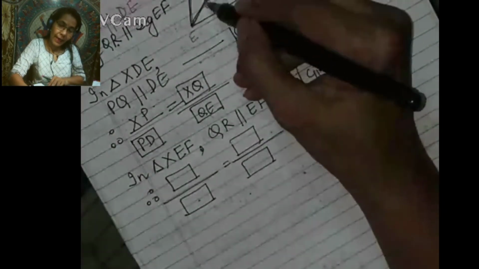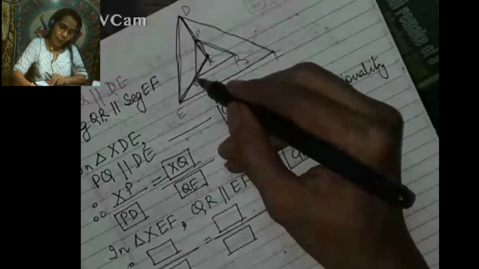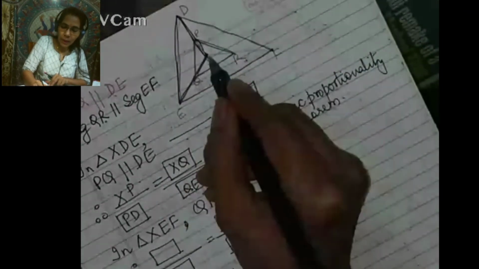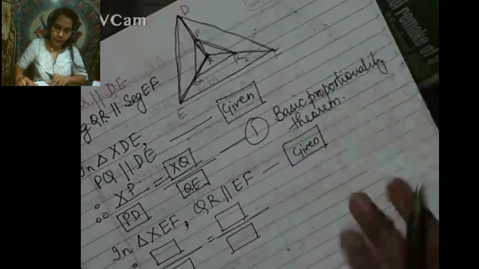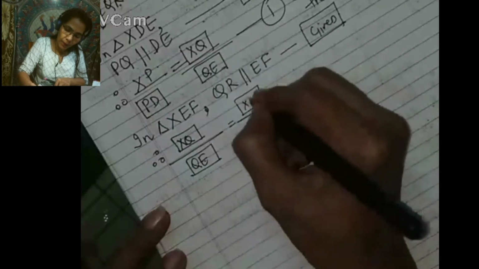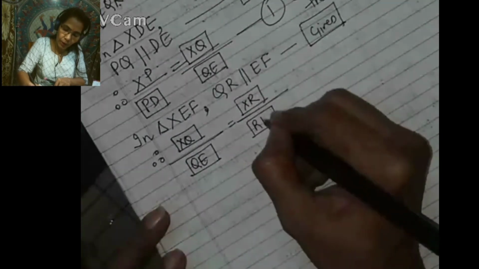We have XQ upon QE is equal to XR upon RF. This is my statement number 2. Basic proportionality theorem.